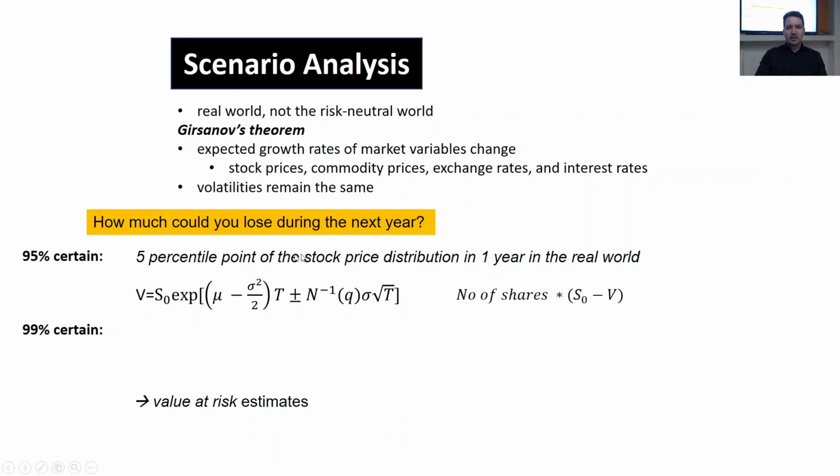This is what is preparing us for value at risk computation or estimation, and also for expected shortfall later on, because in the case of scenario analysis, we are always looking for the threshold value.